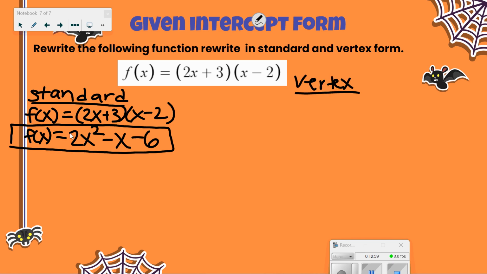So what is one way you already know of how you could get into vertex form? And what would I do, Liam, to go from standard form into vertex form? What's that process called? Good job. So you would just have to complete the square.